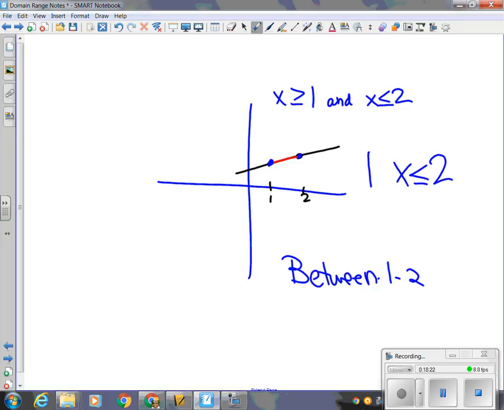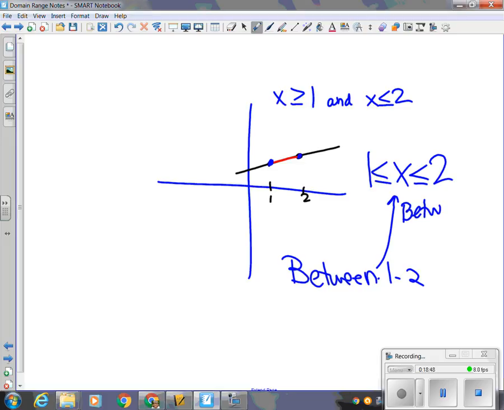Now this one over here is backwards, isn't it? If I flip this over, I'd have to flip everything over, even the sign. So this one's pointing to the 1, isn't it? So it still has to be pointing to the 1.